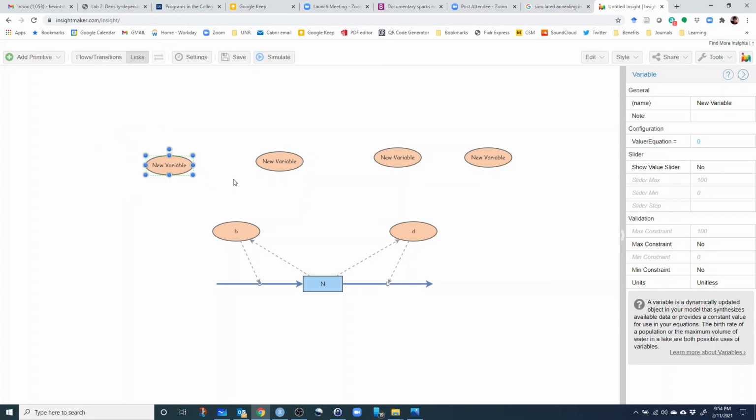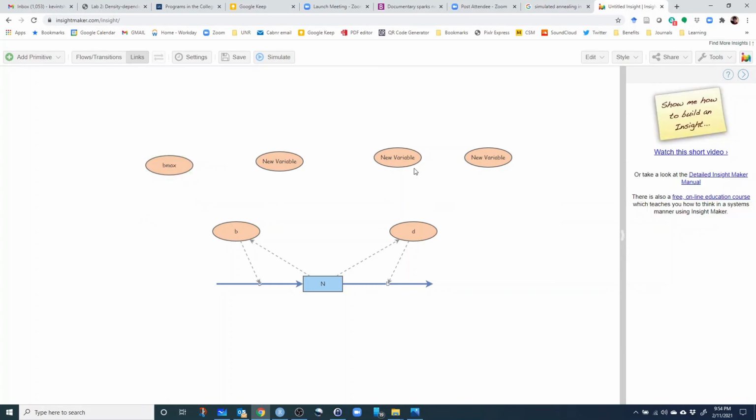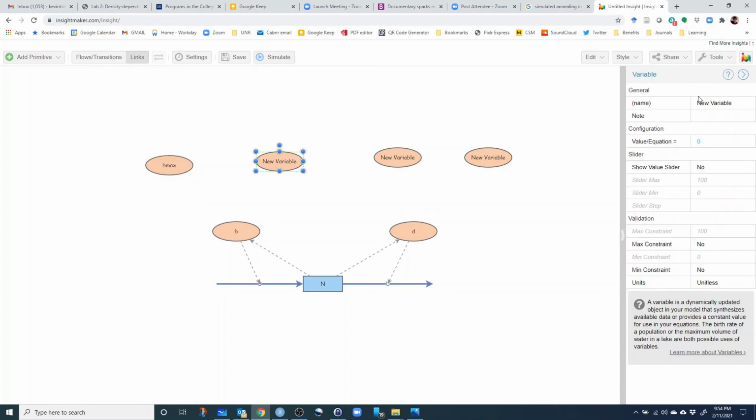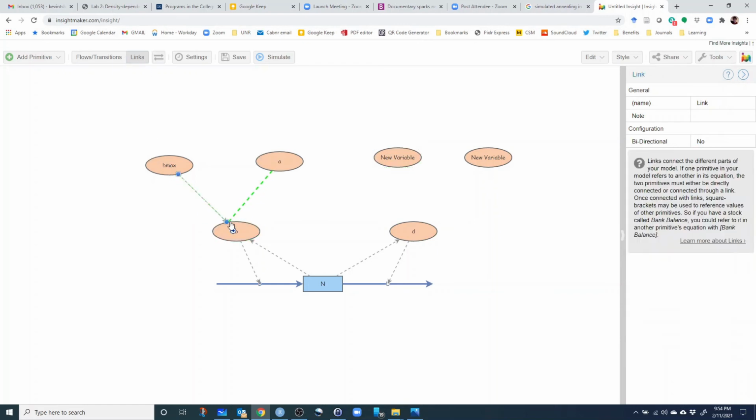The birth rate is defined by, I'm going to call it B max, the maximum birth rate, and a parameter A, which is the rate at which birth rate declines with density. And I can link those together now. So little b is going to be defined by those 2 variables as well as density. We'll do the same thing with little d.